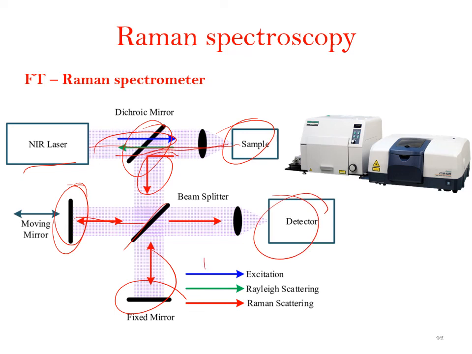Fourier transform can be applied to see a specific wavelength absorption or Stokes absorption. That will be displayed on the display device, which will give us information about the molecular fingerprint of a substance or a sample.